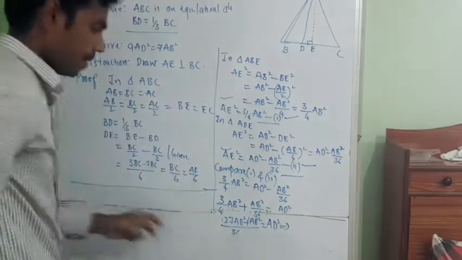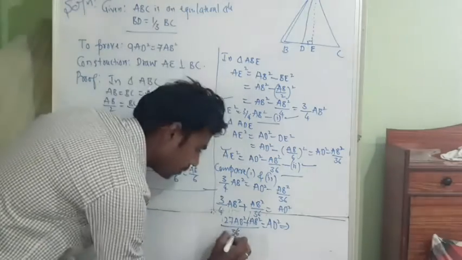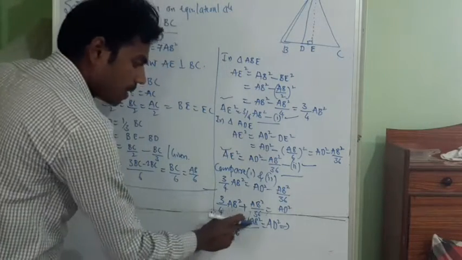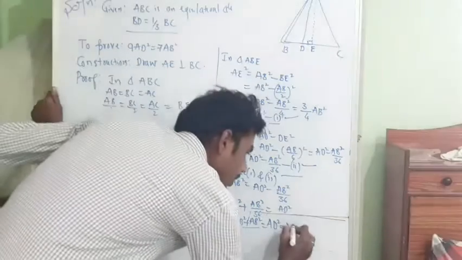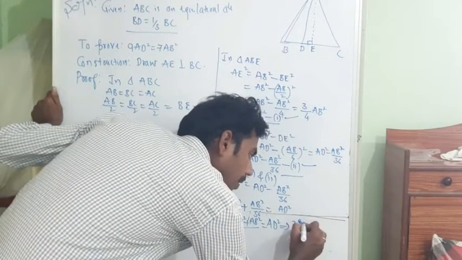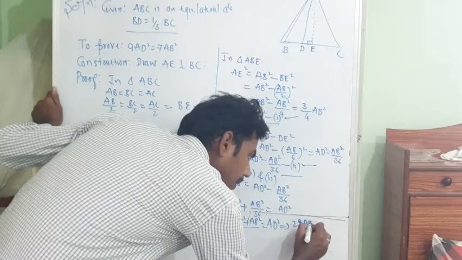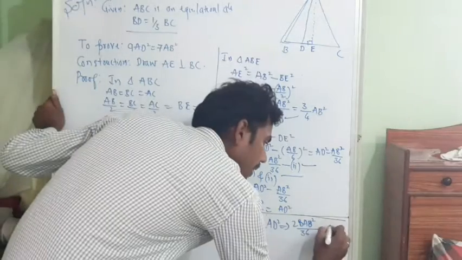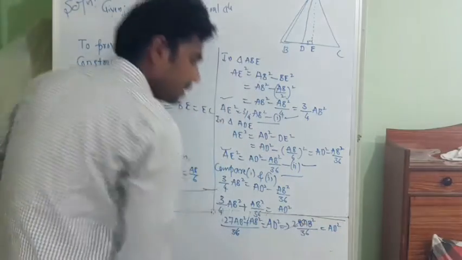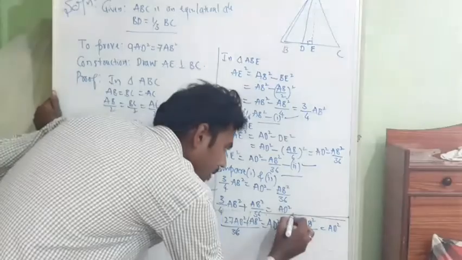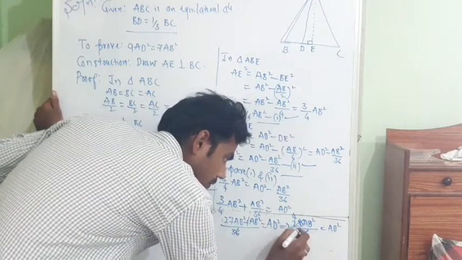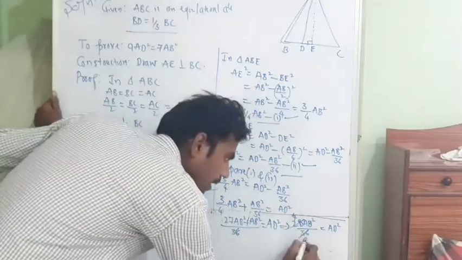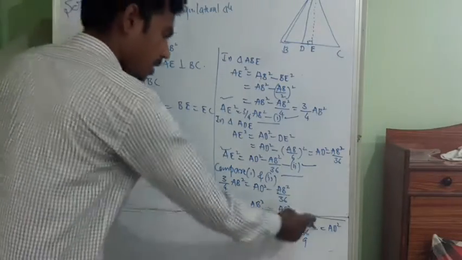See, if I write below, you will not be able to see, so I am going to continue here. 27 plus 1, 28. 28 AB square divided by 36 is equal to AD square. 4 7s are 28, 4 9s are 36.